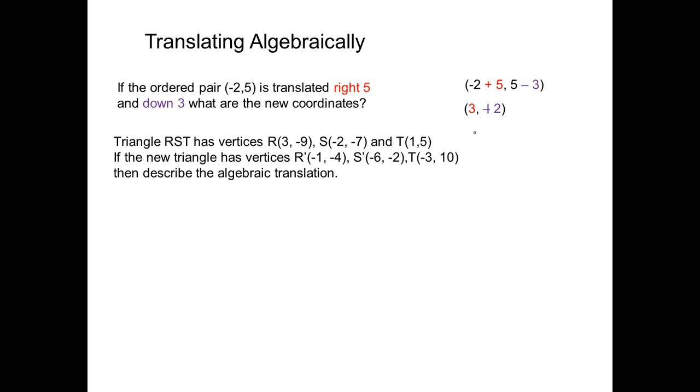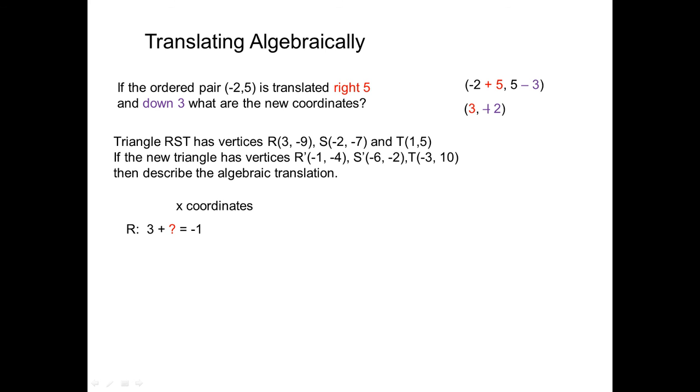If we have a triangle RST that has vertices 3, negative 9, negative 2, negative 7, and 1, 5, and the new triangle, so now they're doing something a little bit different. They're giving you the new vertices, and they want you to describe the algebraic translation. Well, whatever they did to translate R, they also did to S and to T. So sometimes you want to pull apart each one of them, and let's just look at the x-coordinates first.